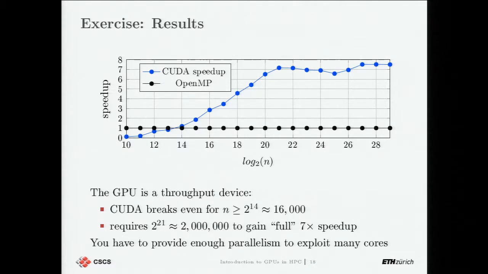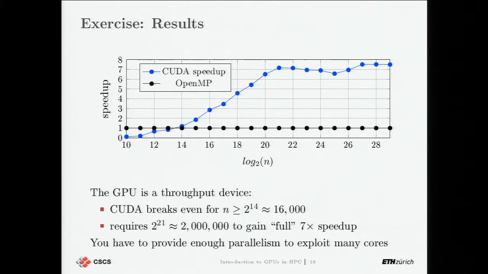The black line here is the normalized time taken by the OpenMP, so it's 1 all the way along. For a given value of n, where this means 2 to the power of 20, we see how much faster the CUDA version was than the OpenMP version. You can see that for smaller values of n, the GPU is slower. At about 2 to the 14, the GPU started to get faster.